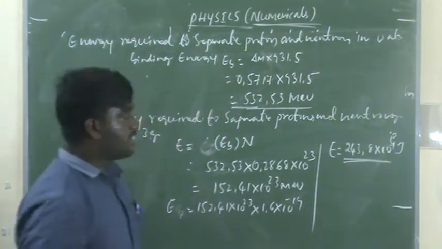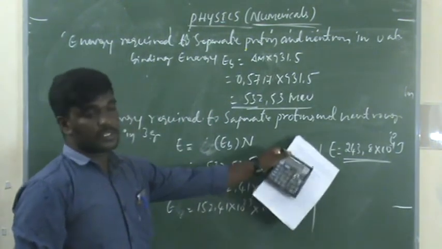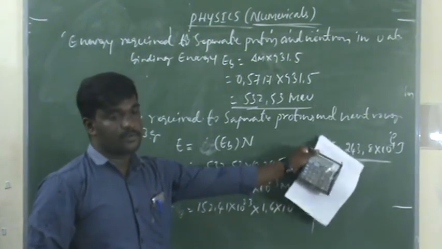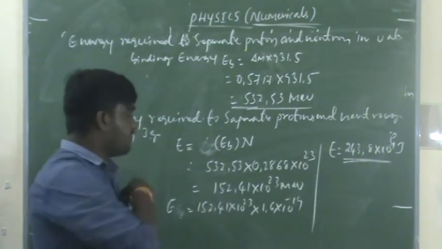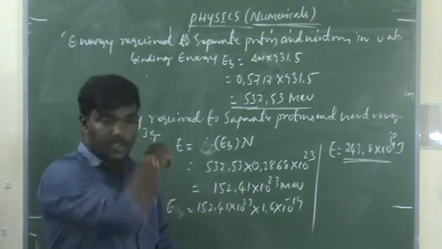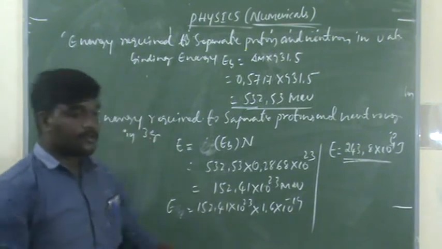This is the energy required to separate the protons and neutrons in 3 grams of uranium. This is the final answer.